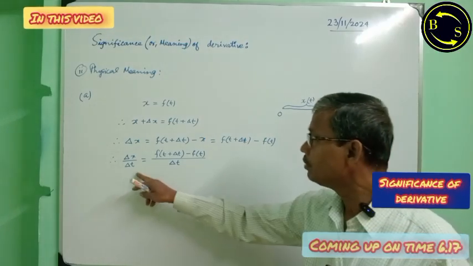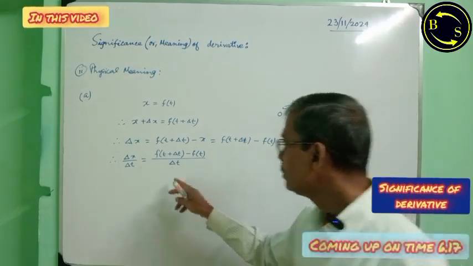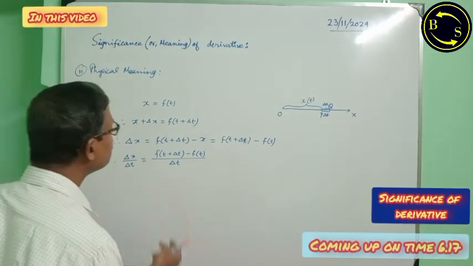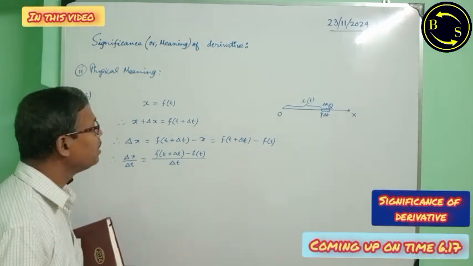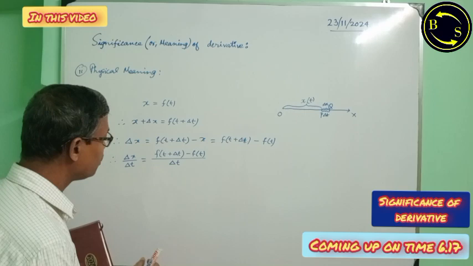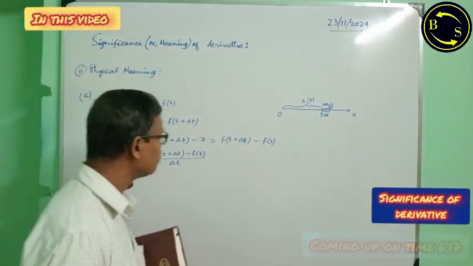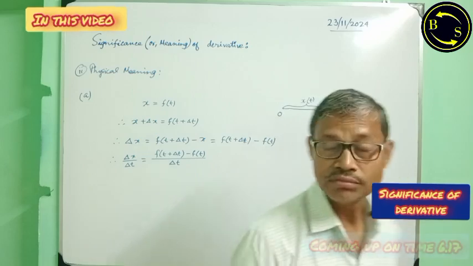Delta x by delta t, we have got this one. This is average change in, say, distance with respect to time.